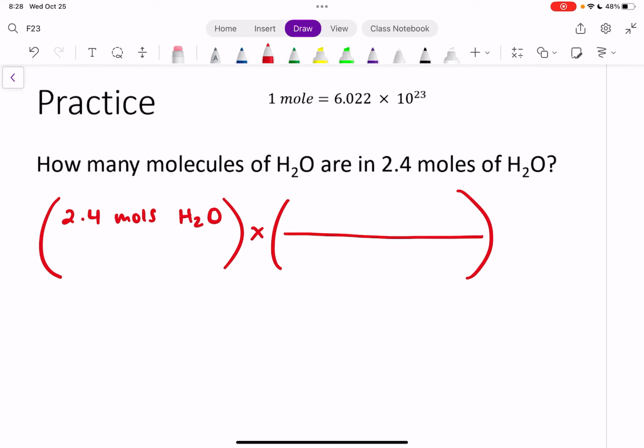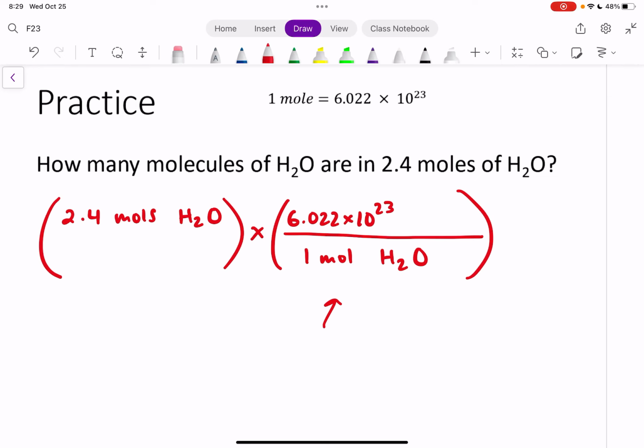Now, what needs to go on the bottom in this conversion factor in order to get to molecules of H2O? Do we need to put this number or this number? Yeah, the left, 1 mole. 1 mole of what? H2O, yeah, 1 mole of H2O. So what goes on the top? Avogadro's number, 6.022 times 10 to the 23rd.